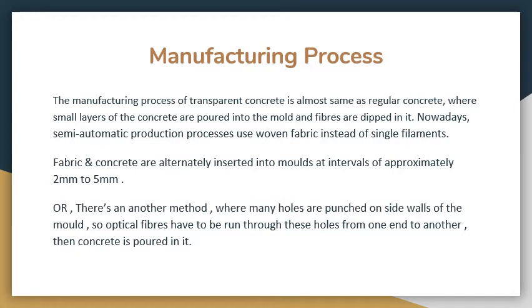Fabric and concrete are alternately inserted into molds at intervals of approximately 2 millimeters to a maximum of 5 millimeters. Or there's another method where many holes are punched on the side walls of the mold. So optical fibers have to be run through these holes from one end to another, then concrete is poured in it.